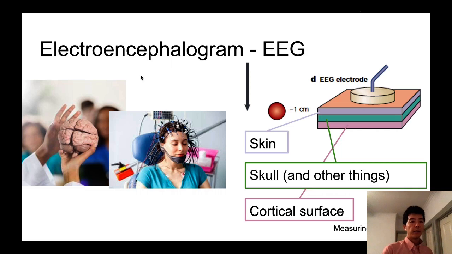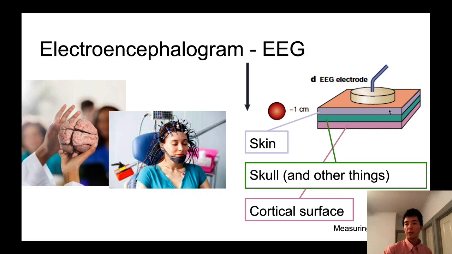Here's a brain, and you can see that each of the electrodes, as you see in this figure, is attached onto the skull of the people, and all these leads are coming out from the electrodes and connect to the amplifier, and the machine stores the electrical activity.